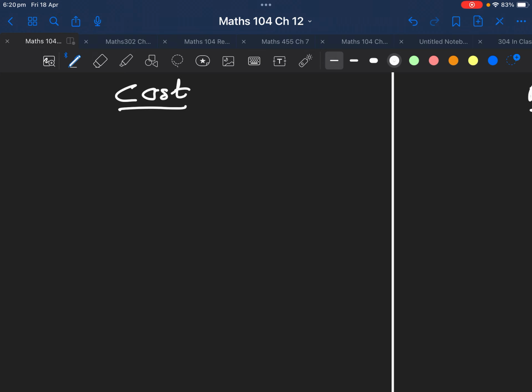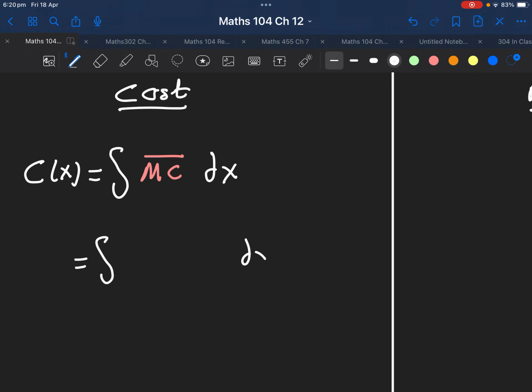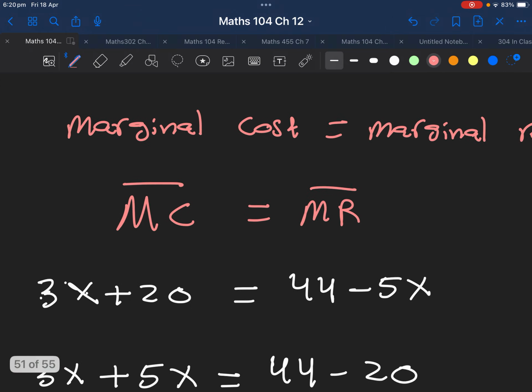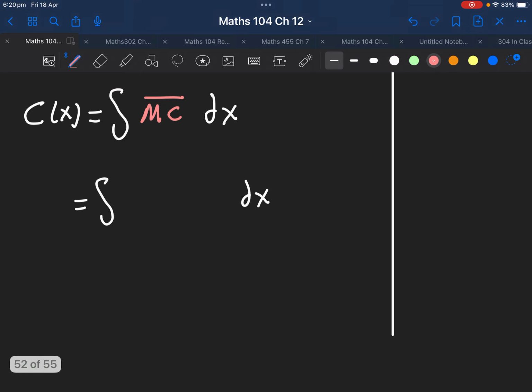How we find the cost, the total cost, C of x. Remember, C of x is just the integral of the marginal cost, dx, which is the integral of 3x plus 20. And now we need to do the integration.